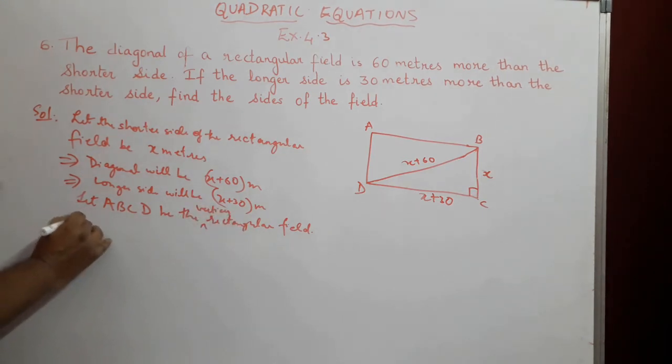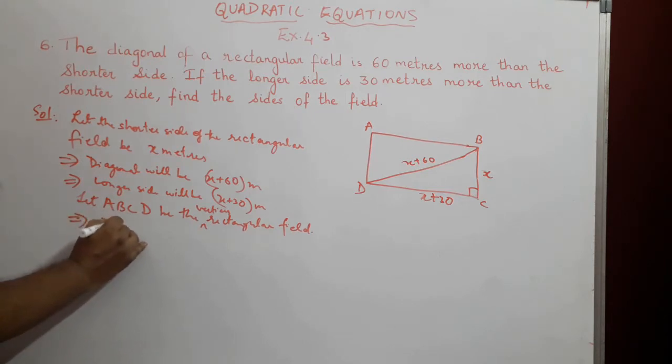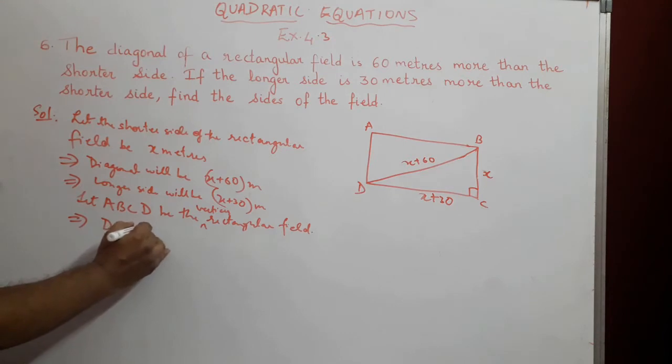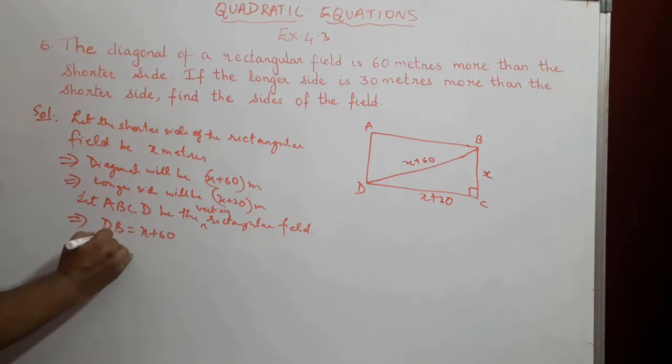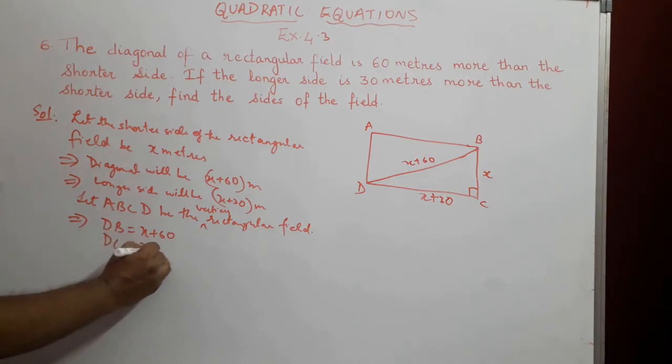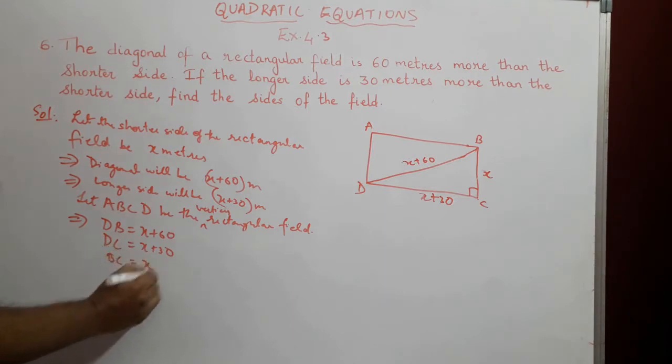So this implies that our diagonal DB or BD is equal to X plus 60. Then your DC is X plus 30 and your shorter side BC is X.